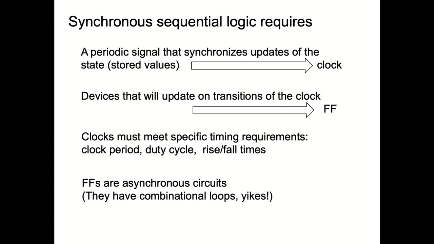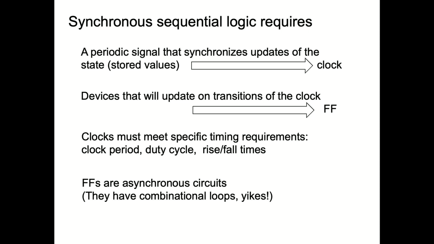All of your clocks have been 50%. They've been high for the same amount of time as they've been low. And of course the clock period, which is the length of a clock cycle, which determines the speed of your design.